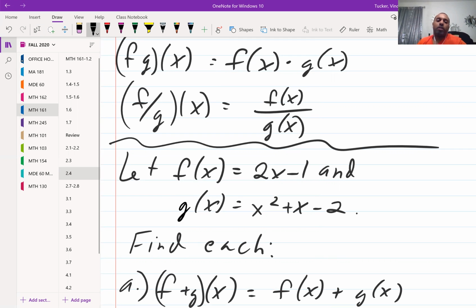All right, so the next one, f of x is equal to 2x minus 1, and g of x is equal to x squared plus x minus 2. And we want to find each.